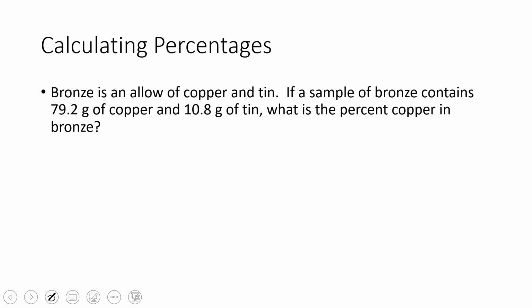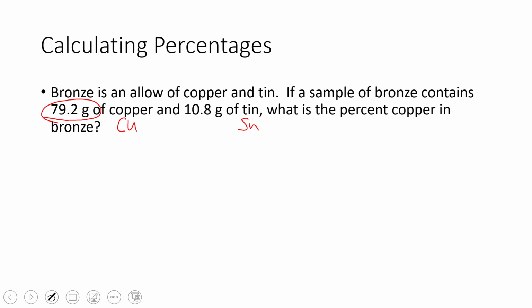So it's a mixture of 2 solids to make bronze. So if a sample of bronze contains 79.2 grams of copper, which is Cu, and 10.8 grams of tin, which is Sn, what is the percent of copper in bronze?